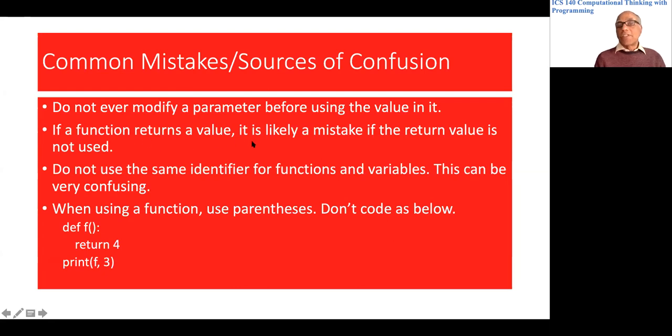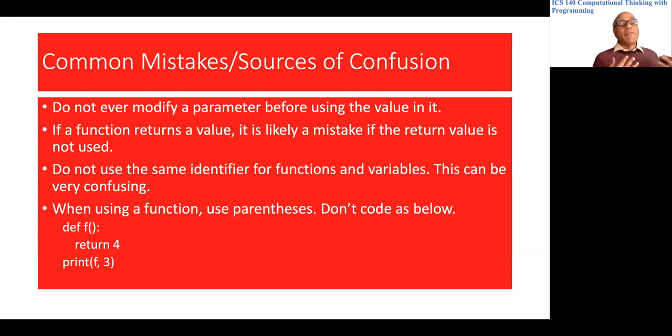If a function returns a value, and if you are ignoring the return value, if you don't assign it to a variable, or if you don't print it or use it in an expression or a condition, you are possibly making a mistake. Another thing is, if you use the same identifier for functions and variables, it can be very confusing.